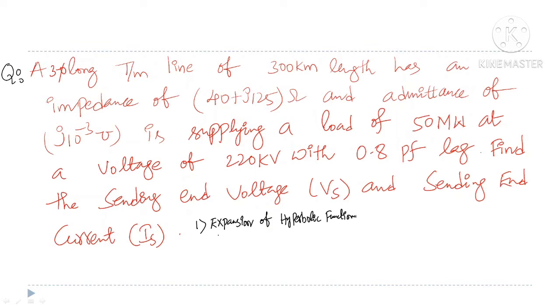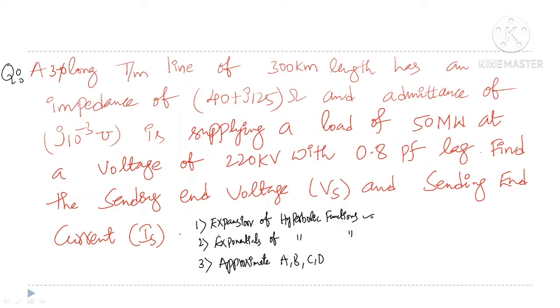The second method is using the exponentials of hyperbolic functions. And the third method which we follow is an approximate method, using approximate ABCD values.